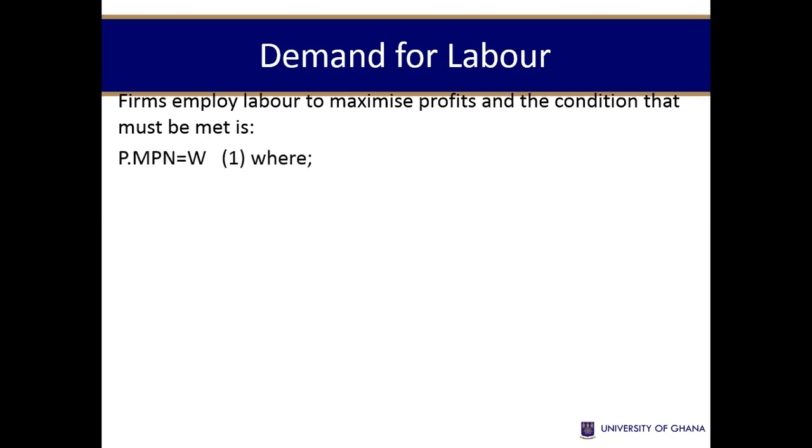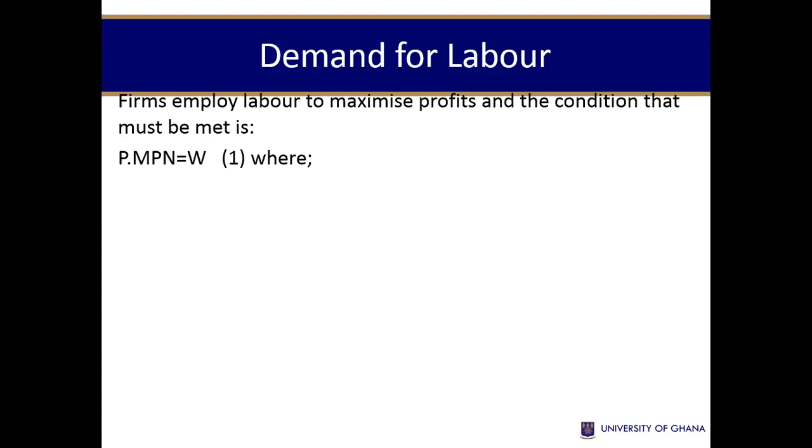And this is the condition: the price of the commodity times the marginal product of labor should be the same as the money or the nominal wage. P times MPN is called the marginal revenue product of labor. MPN is the marginal product of labor. When we add P, we get the marginal revenue product of labor.